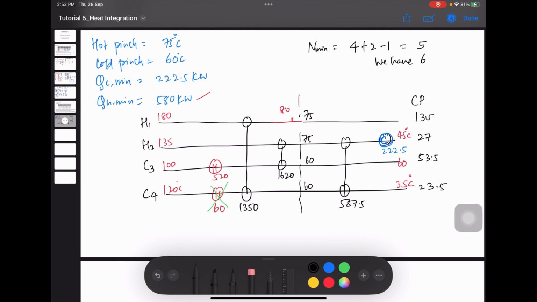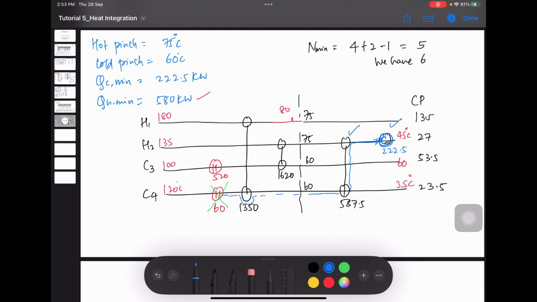So now our utility path is from this heater to this heat exchanger and to this cooler. When we distribute the heat, it will affect this heat exchanger and this cooler, right?